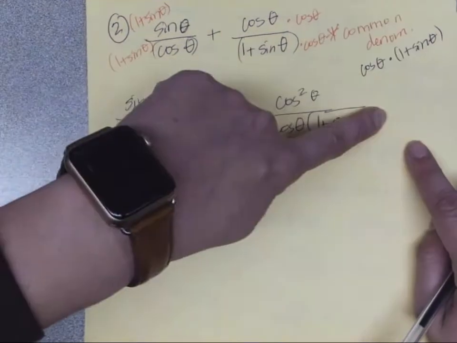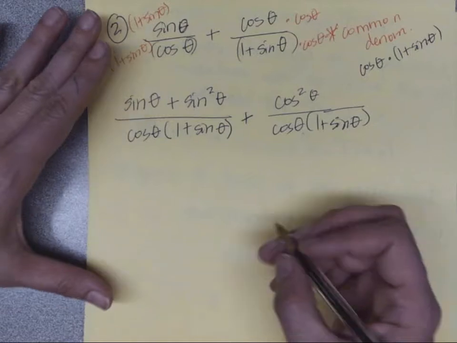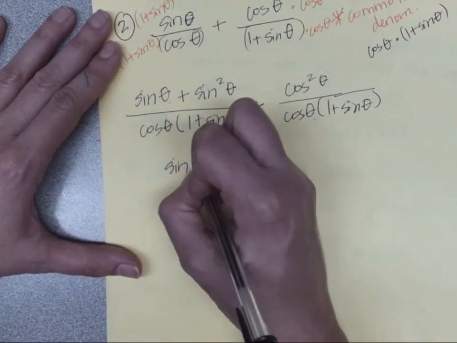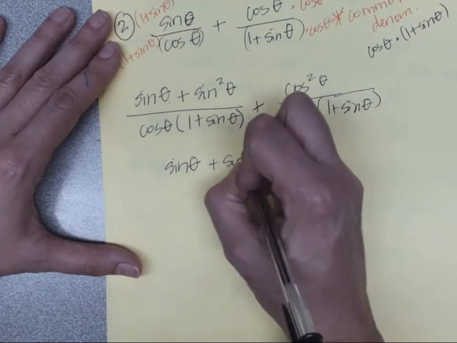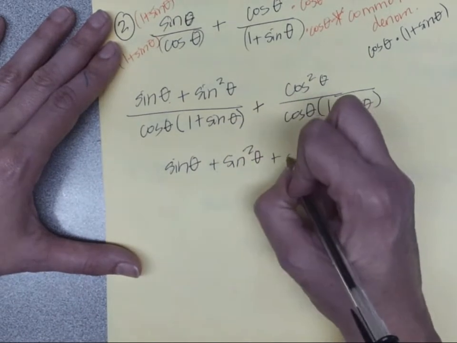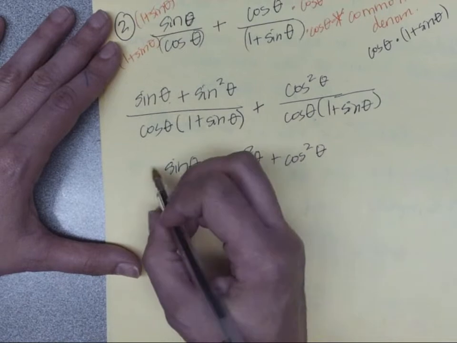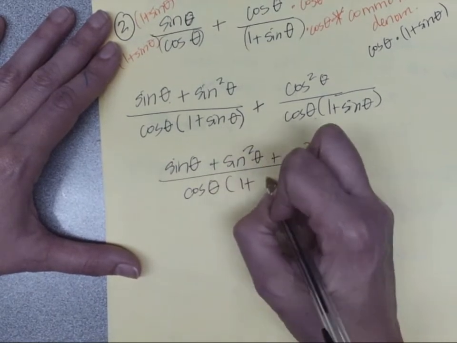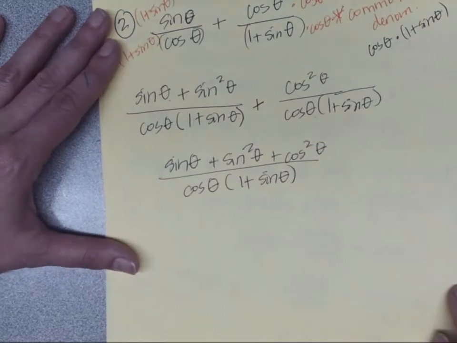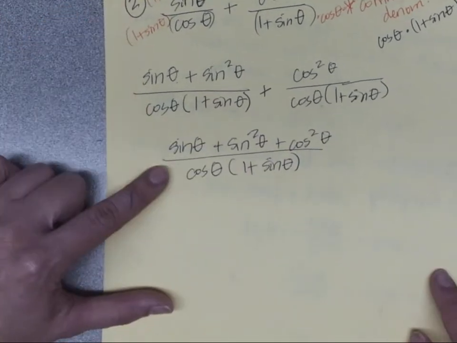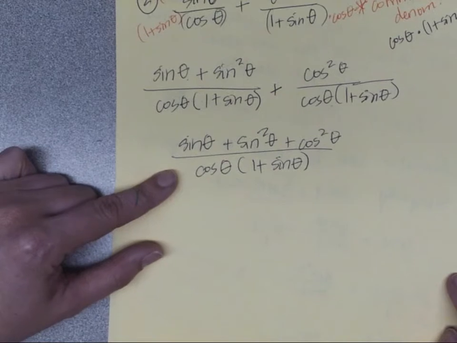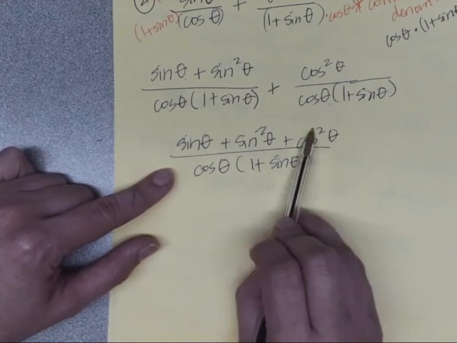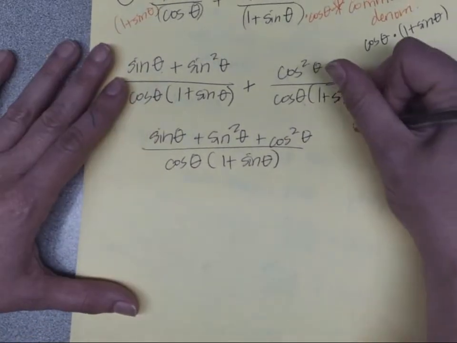But at this point, you have a common denominator, so you can add across the top and keep the bottom. So when I add across the top, there's no like terms to combine, so it's just sine of theta plus sine squared of theta plus cosine squared of theta over cosine theta times 1 plus sine theta. Okay, so now I see this sine squared theta and cosine squared theta, and I know that that turns into 1 because of my Pythagorean identity.